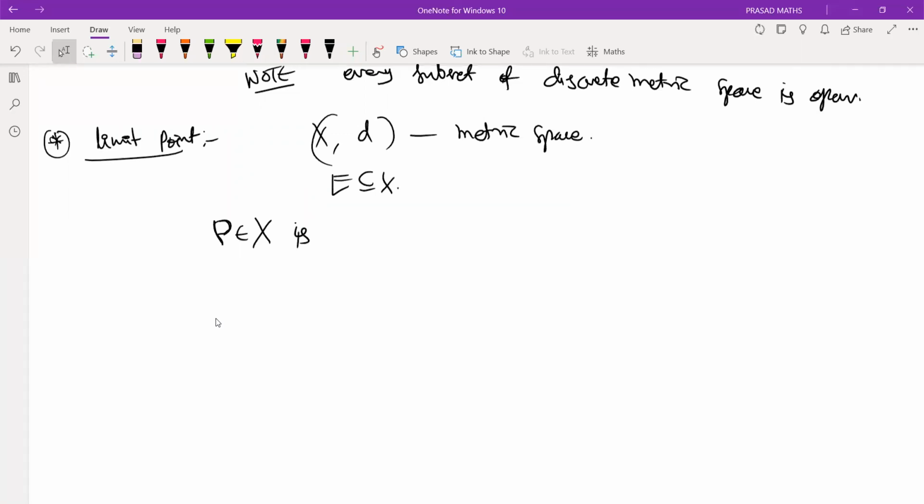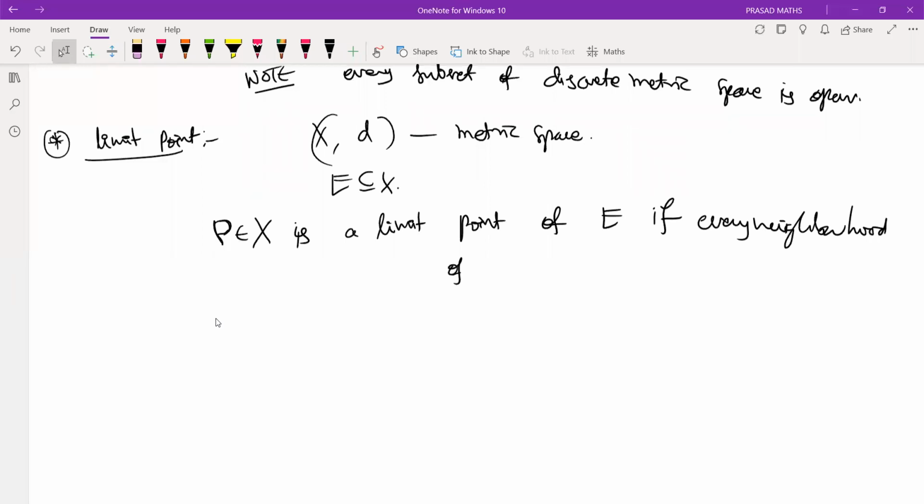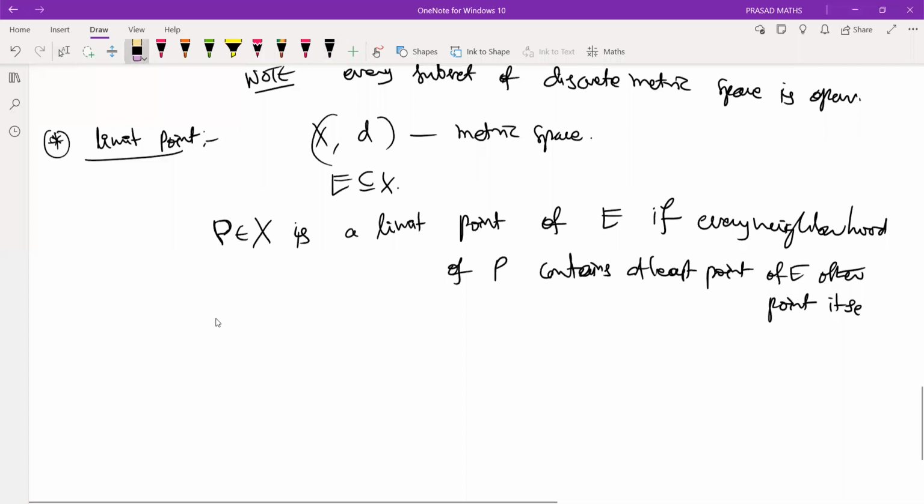So a point P of X is a limit point of E if and only if every neighborhood of P contains at least one point of E other than P itself.